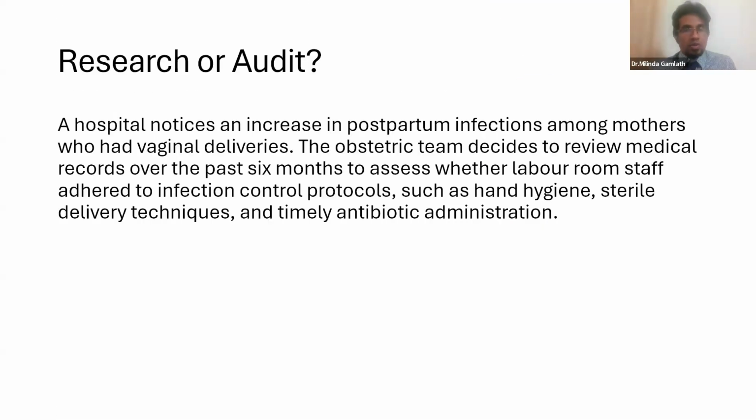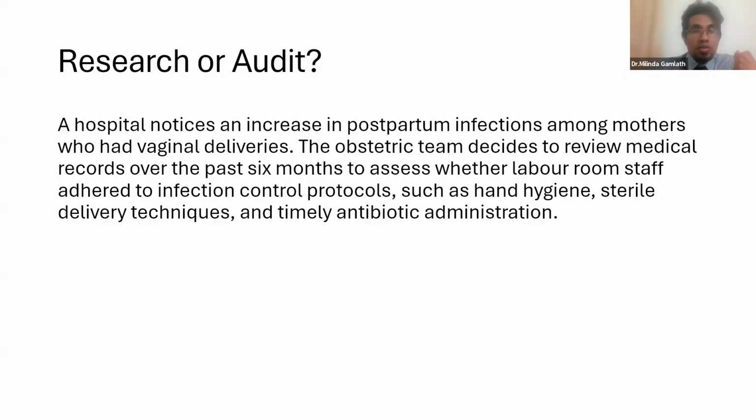Then what about this situation here? A hospital notices an increase in postpartum infection among mothers who had vaginal deliveries. The obstetric team decides to review medical records over the past 6 months to assess whether labor room staff adhered to infection control protocols, such as hand hygiene, sterile delivery techniques, and timely antibiotic administration. So basically, they have a protocol for managing postpartum infections in the labor room.